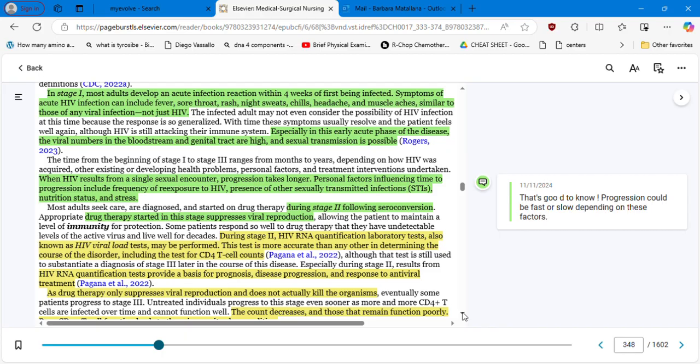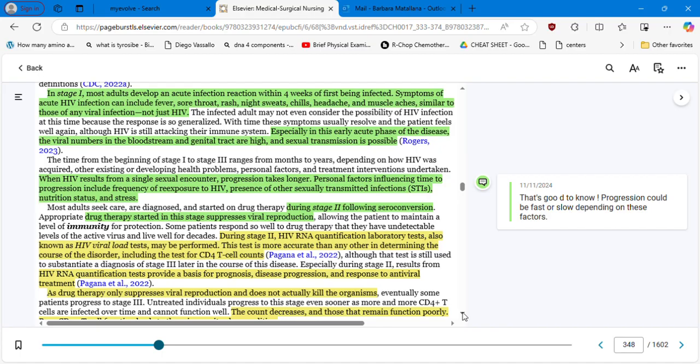Personal factors influencing time to progression include frequency of re-exposure to HIV, presence of other sexually transmitted infections, nutrition status, and stress. This paragraph is very important. So that's good to know. Progression could be fast or slow depending on these factors.